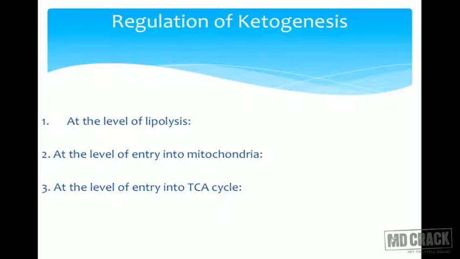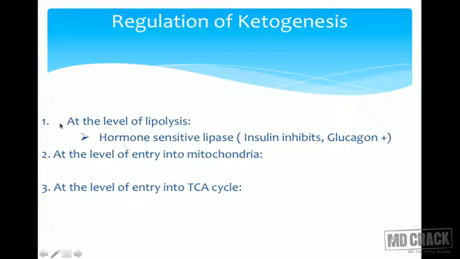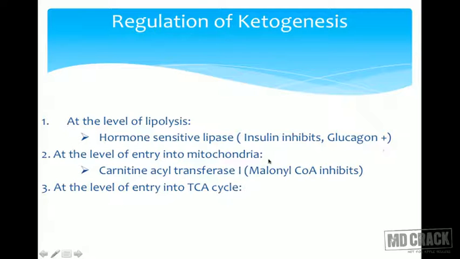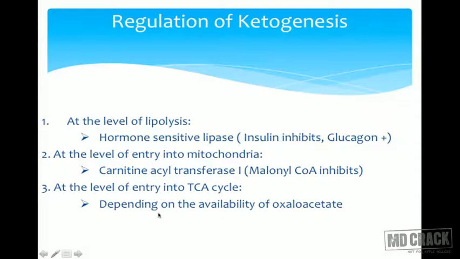At the level of lipolysis, it is hormone-sensitive lipase: insulin inhibits, glucagon stimulates. At the level of mitochondria, it is carnitine acyltransferase 1, which is inhibited by malonyl-CoA. And at the entry into the TCA cycle, it depends on the availability of oxaloacetate.